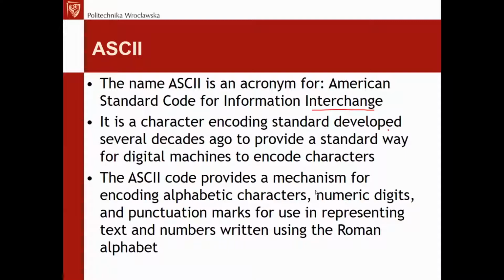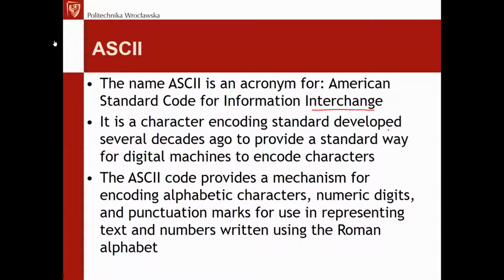It defines what a 7-bit, and later 8-bit, binary number means, the meaning of this combination of 7 or 8 bits. It's still in use, and has been in use for many decades. Only during the recent decade or two, maybe 1.5, has ASCII encoding started to be replaced by Unicode.